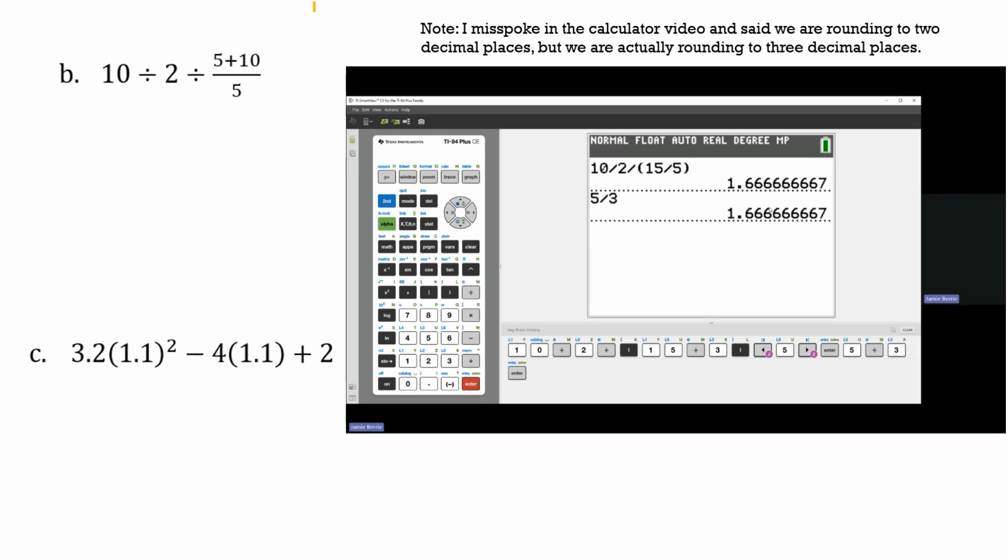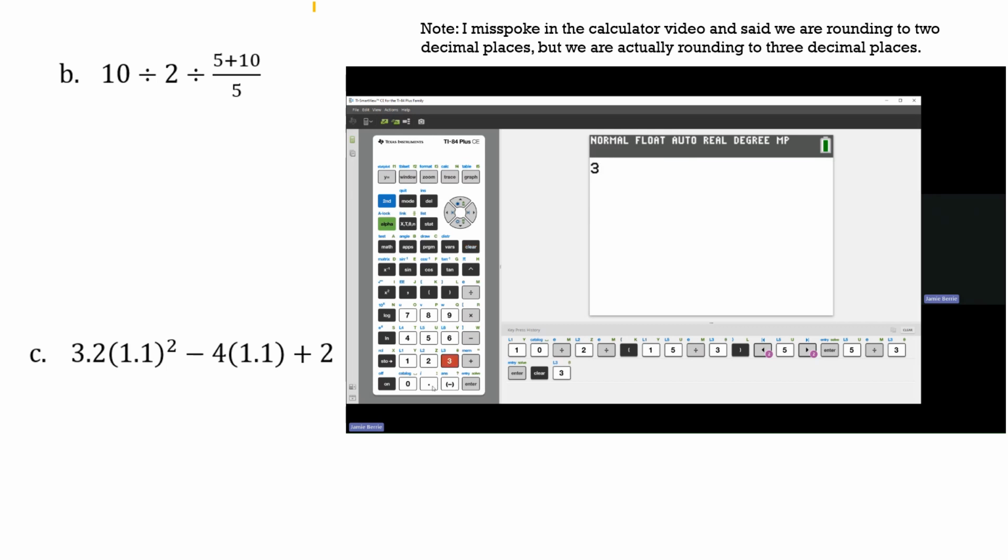Yep, same thing. Okay, so the next piece says 3.2 times 1.1 squared minus 4 times 1.1 plus 2. All right, so we're just going to plug this in exactly as it appears. I don't need to do any type of simplification. I'm going to clear out my screen just to make this a little bit neater.